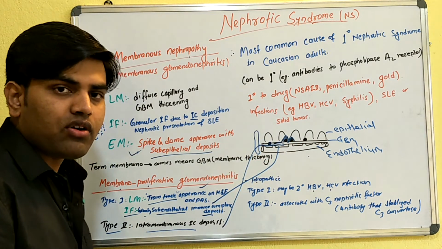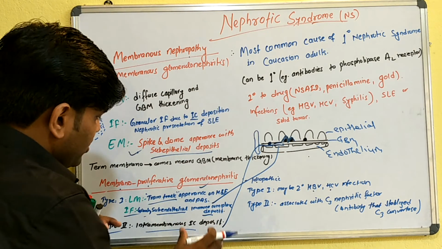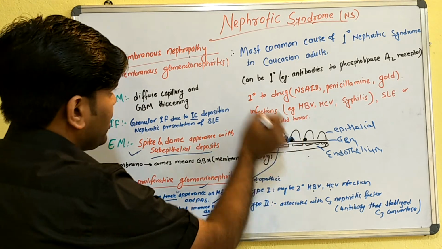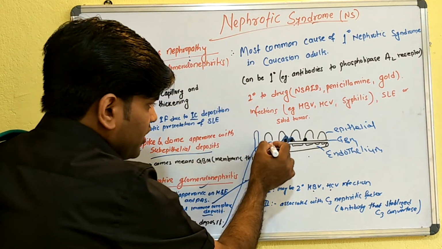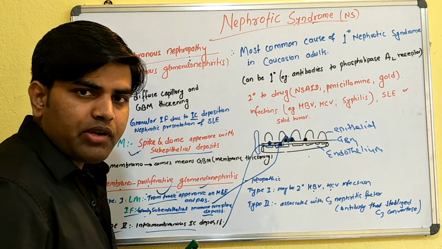So the name indicates a lot of things. Okay, and if you want to differentiate membranous nephropathy from membranoproliferative glomerulonephritis, then by immune complex deposition: subepithelial is membranous nephropathy, intramembranous and subendothelial is membranoproliferative glomerulonephritis.